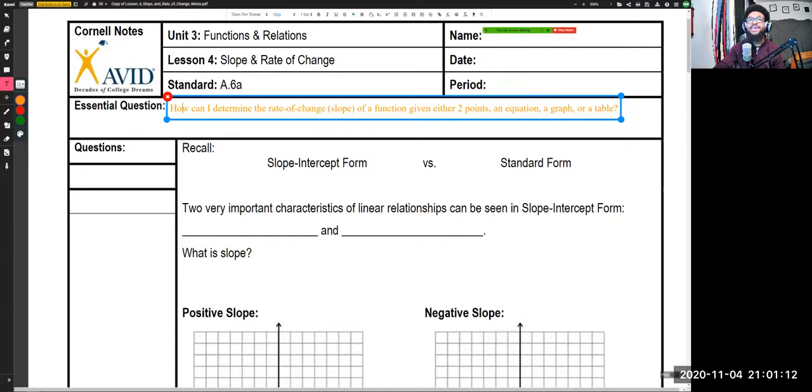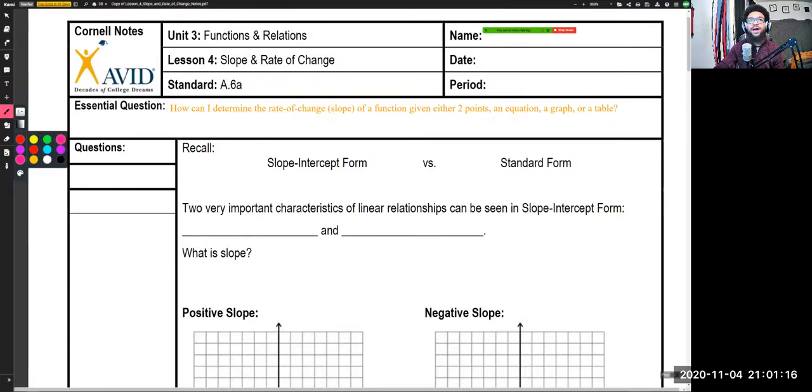So just as a reminder, our slope intercept form is going to be y equals mx plus b.